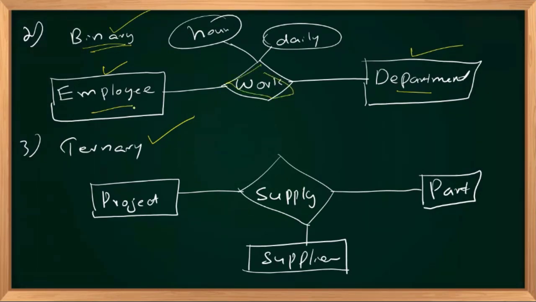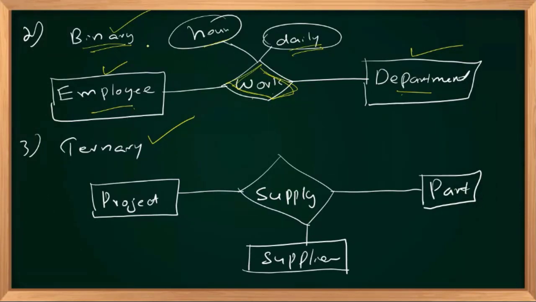That means an employee works in a department. Each employee works for a particular department. The work is the relationship. The relation may be hourly based employees, daily wages employees, or monthly salaried employees; different types of relationship are there.